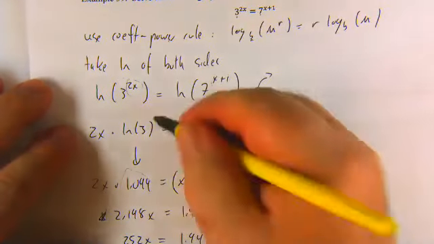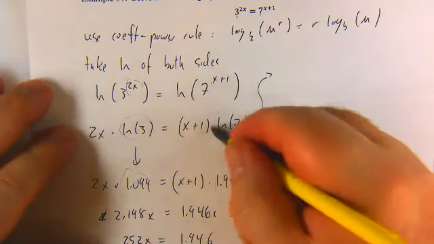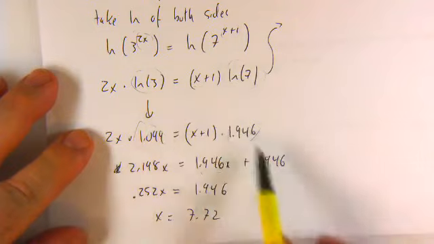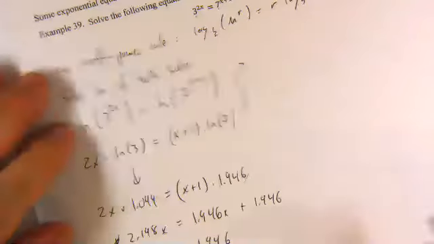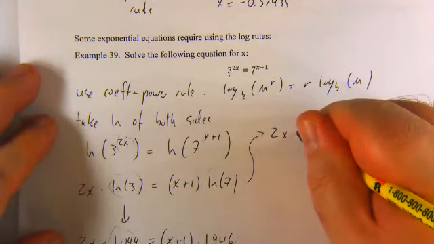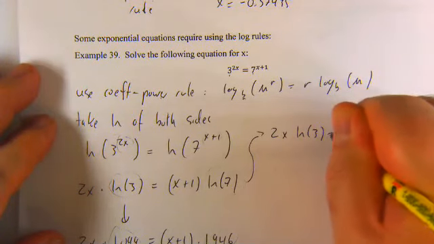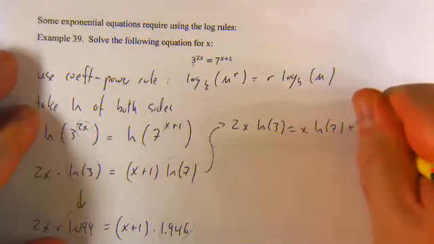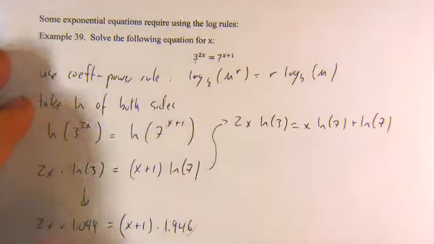It's the same thing, just keep track that this is a number and this is a number. So rather than plugging in the numbers, what I'll do is distribute the log 7, which is what I did here. So I get 2 times x times log of 3 equals x times log of 7 plus log of 7.